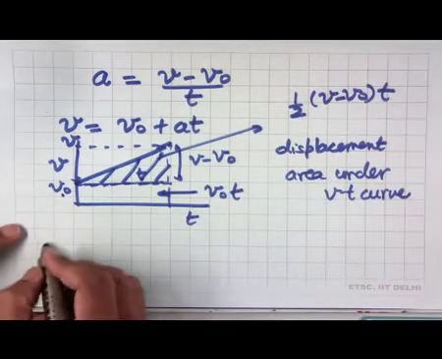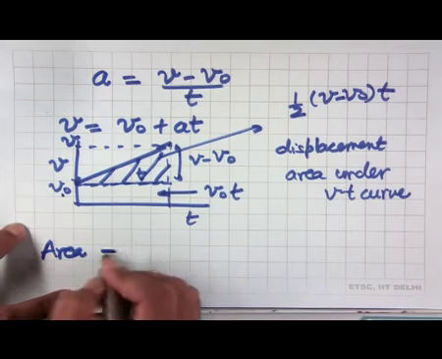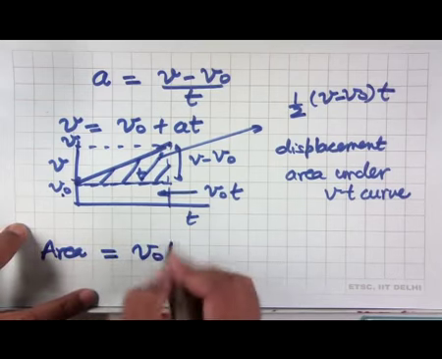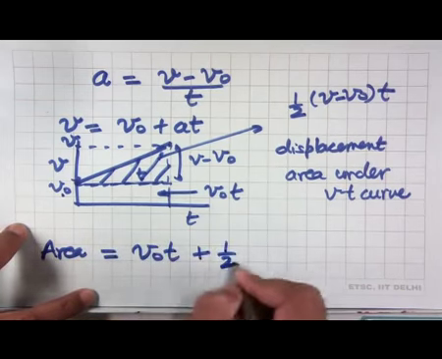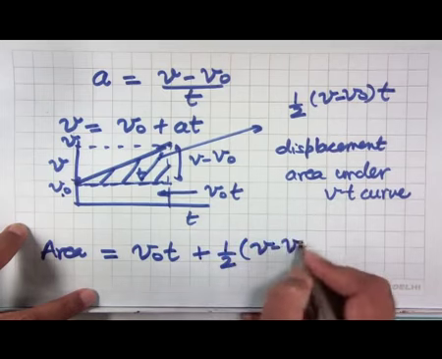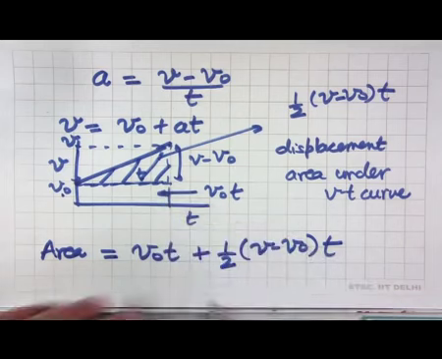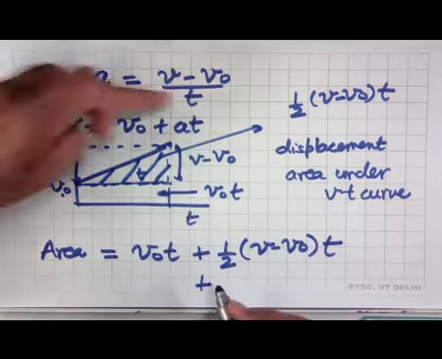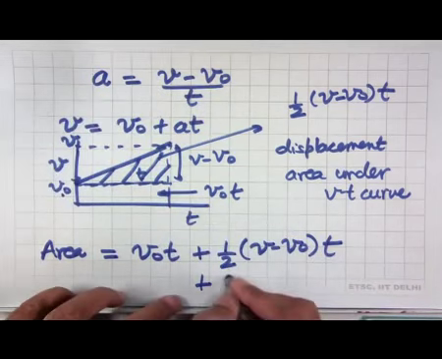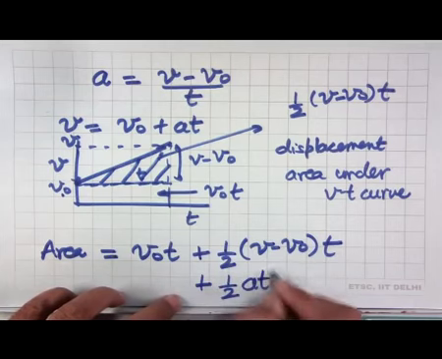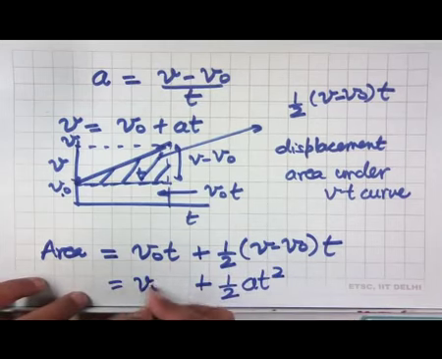So, the total area is equal to v0t plus half times v minus v0 times t, and v minus v0 from here we can write as at. So, this becomes half at square.